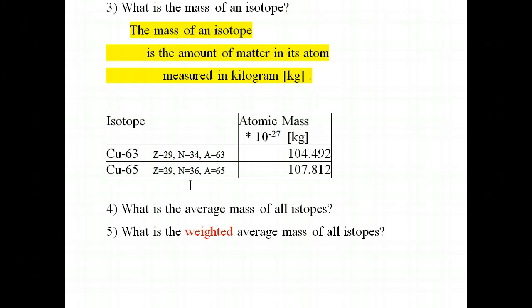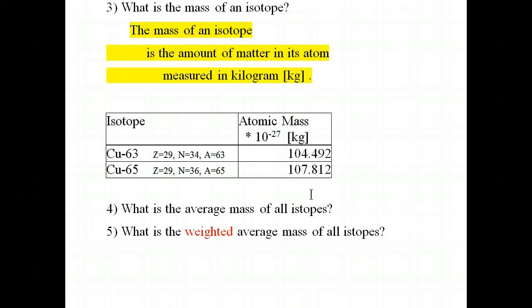So it has 2 more neutrons. And the mass numbers differ thereby by 2. A equals 63 and A equals 65.